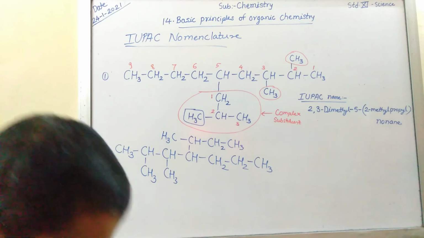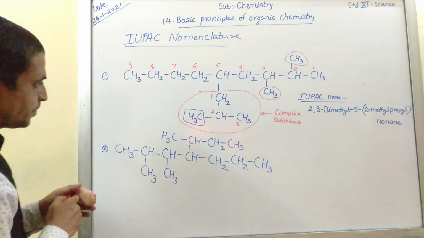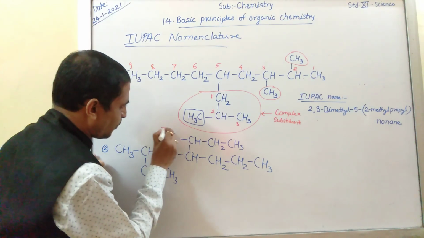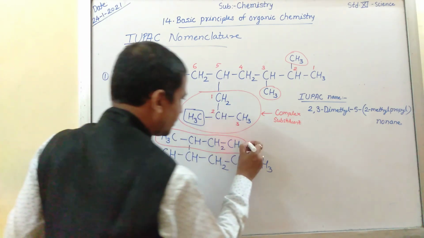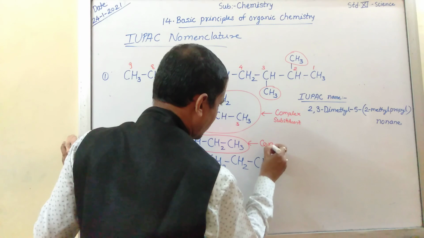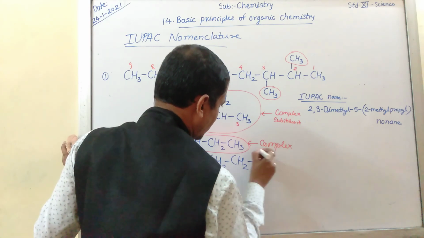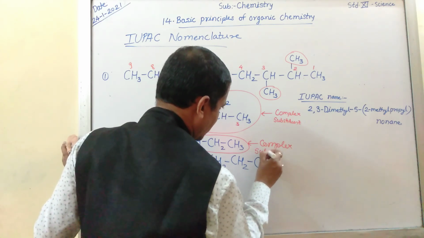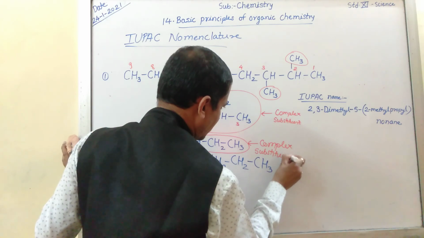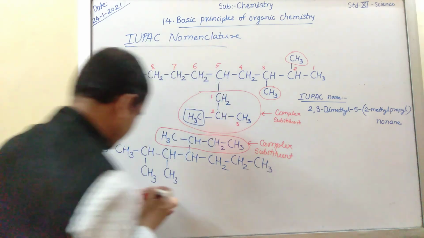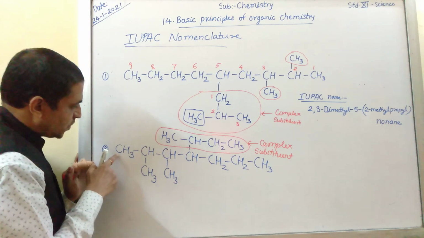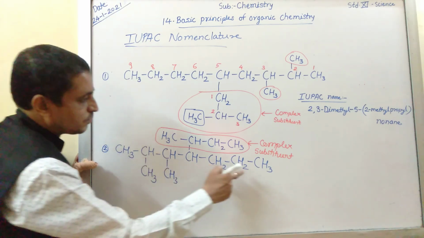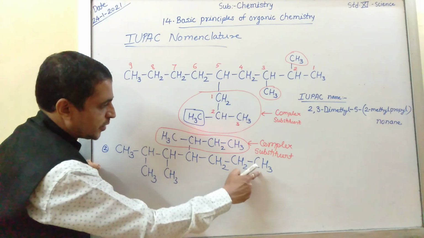Now see the next compound. Here, this is the complex substituent. Put the name here. This branch is near to this carbon atom and this is far away from this carbon atom.